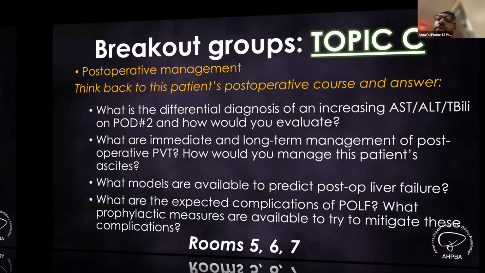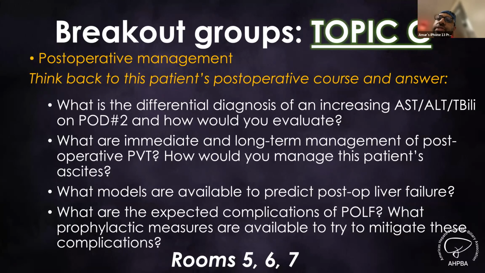And then topic C, this is for rooms 5, 6, and 7. This has got to do with post-operative management. So, the patient has had the liver resection and has done relatively well on day 1. What's your differential diagnosis of the lab values that Dr. Chok presented to you? So significantly increased AST, ALT, and total bilirubin on post-op day 2. How would you evaluate your differential diagnoses to come up with something meaningful?